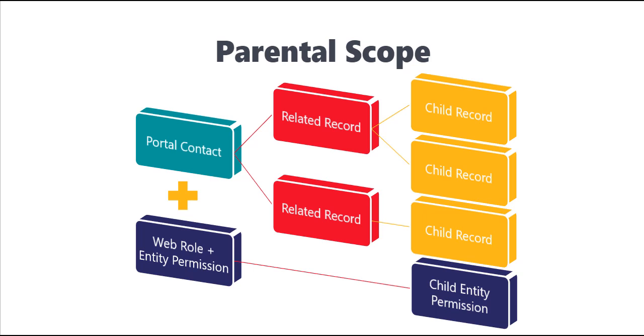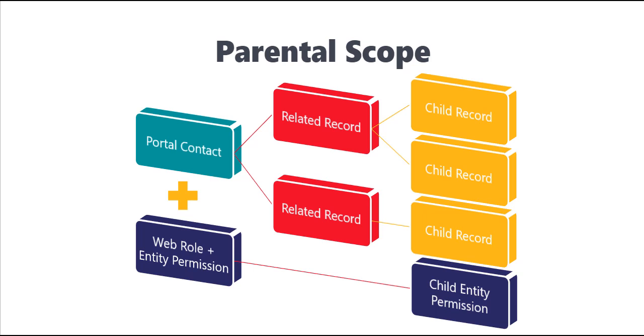In order to set this up, you have your portal contact, and then you have your web role and an entity permission that's of some other scope. It could be global scope, it could be contact scope, it could even be another parental scope, because you can have a hierarchy of different permissions that cascade, but you have some other entity permission.